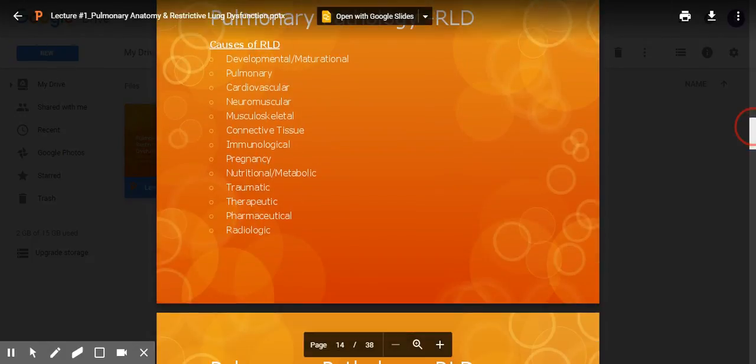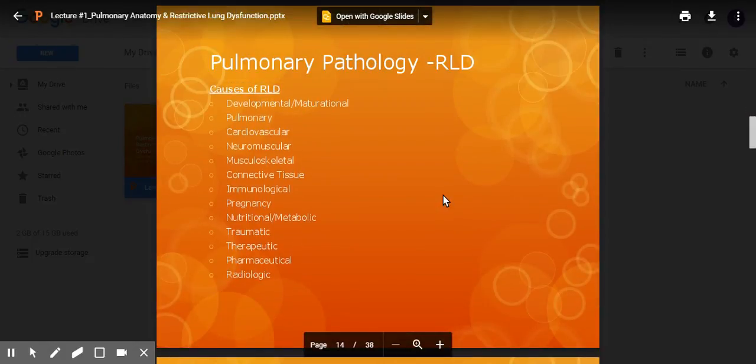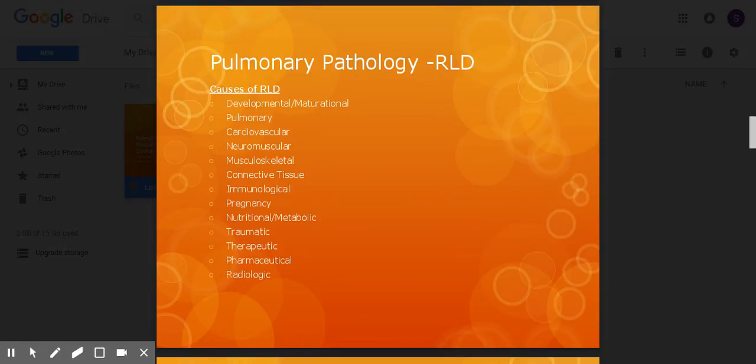Okay, moving on. We're now ready to talk about some of the conditions and disease states that can cause restrictive lung dysfunction. Again, as I had stated earlier, there's literally a laundry list of restrictive lung dysfunction causative factors.